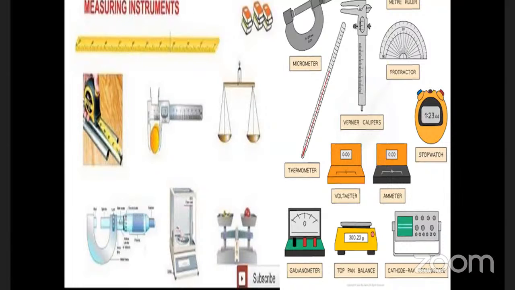Someone had mentioned for us micrometer, screw gauge previously, so we even have vernier calipers somewhere there. Tape measure. We have top pan balance. I'm seeing a lot of measuring instruments there.